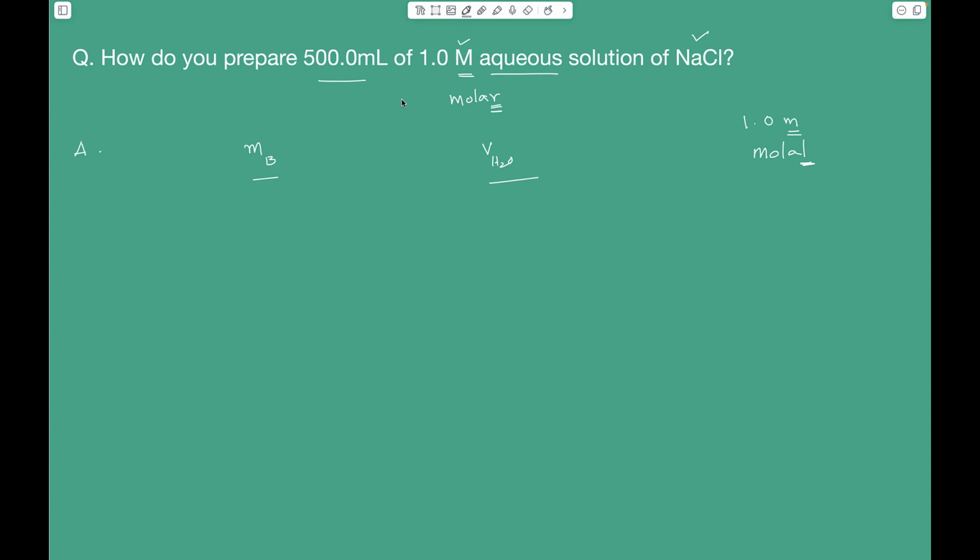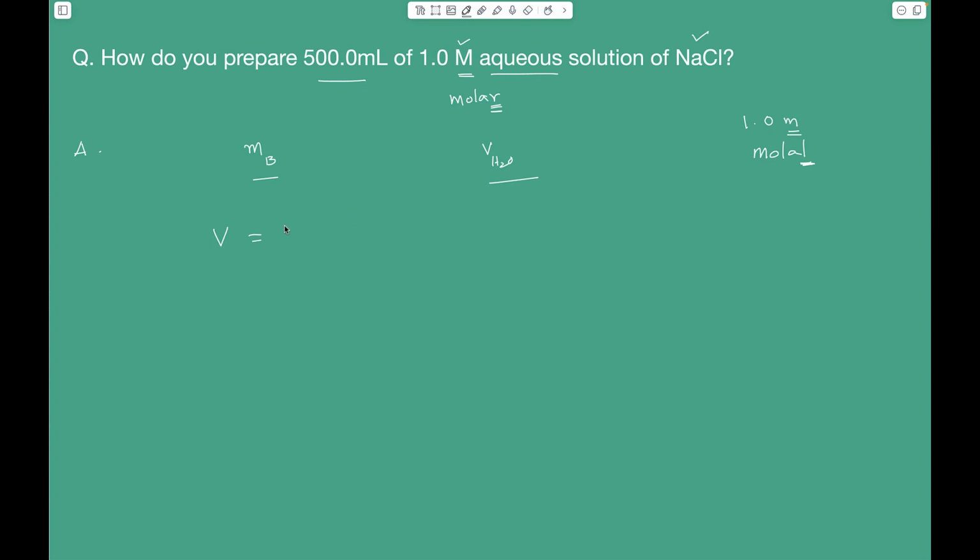Now, what is the information given to us? We are given the volume of the solution in milliliters, but molarity is expressed with respect to the volume of the solution in liters.